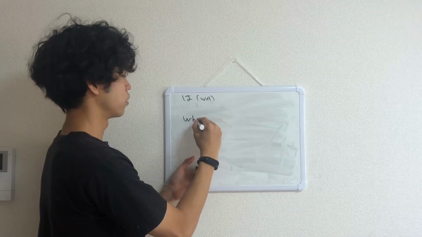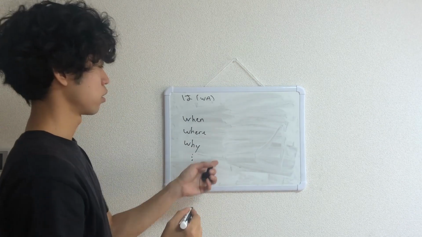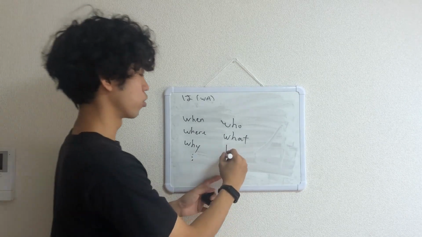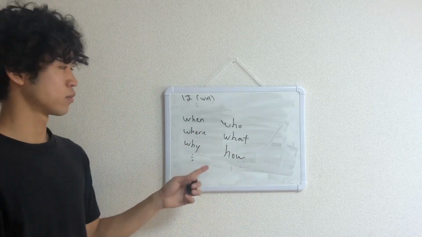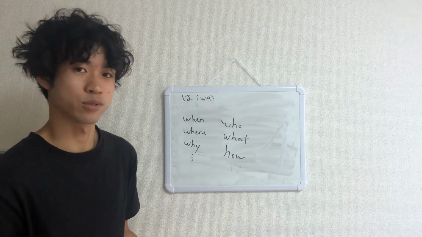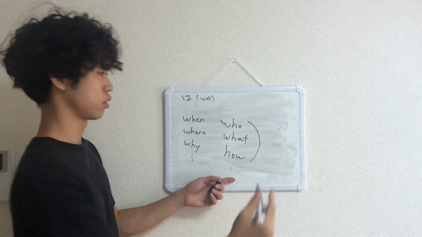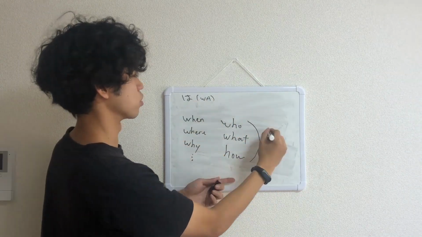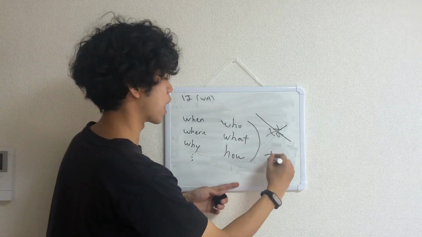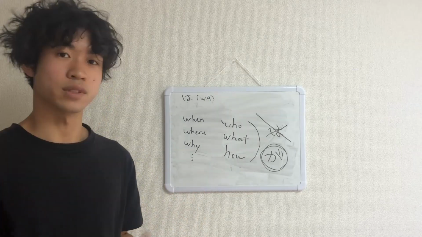Like 5W and 1H. You cannot use wa. You use ga. 誰が来ますか? Who's coming? 何がありますか? What's there? And so on.